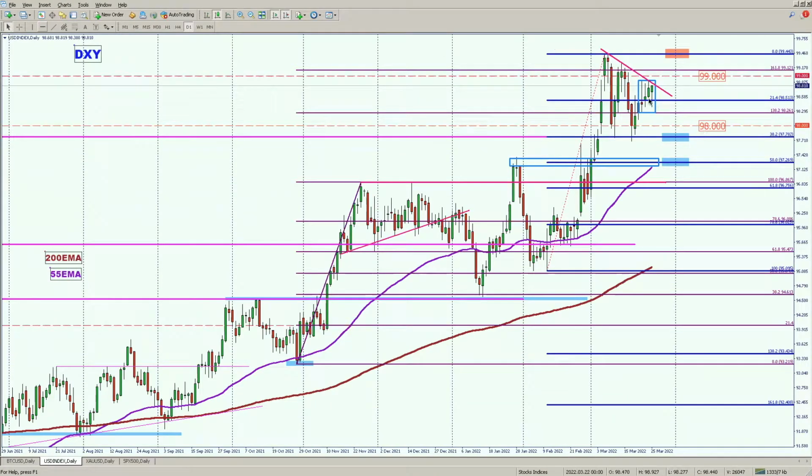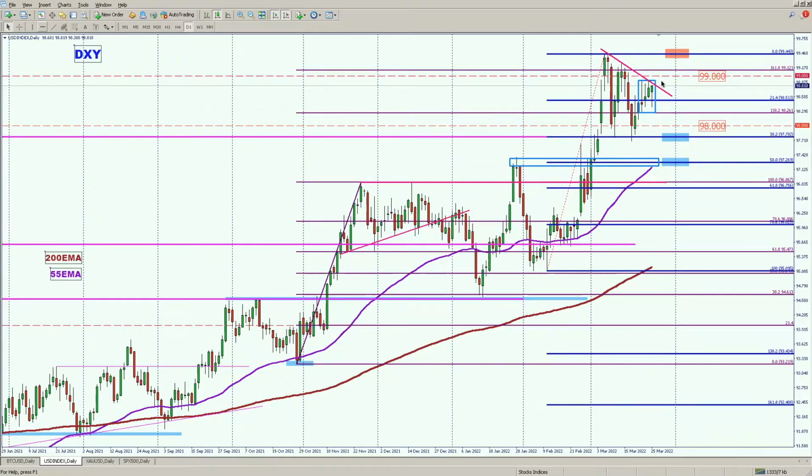So it's in a big descending triangle. Okay, so we'll see whether it's able to break out higher next week or just consolidate further as it consolidates into this descending triangle. So it could go down lower to the 98 level again.